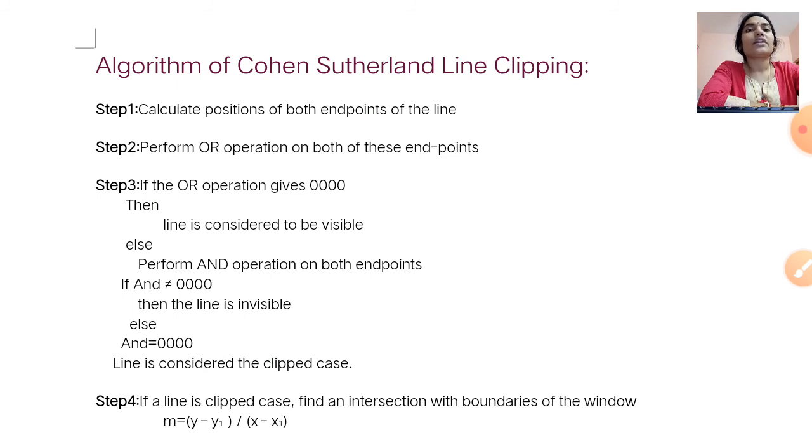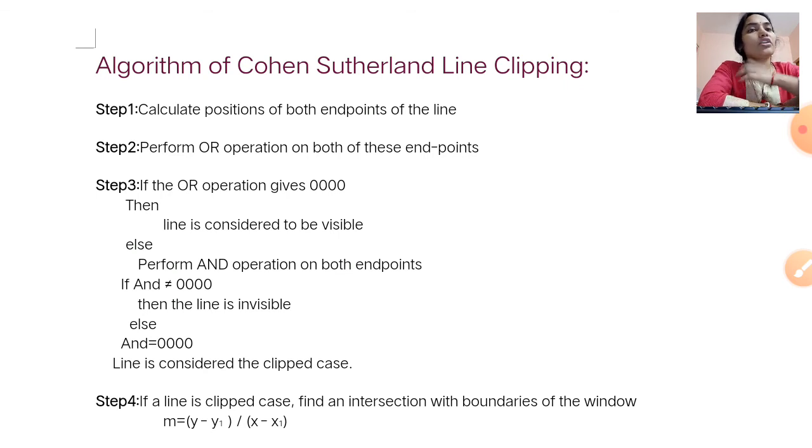In the else part, it will perform an AND operation on both endpoints. If the OR operation gives a 0 result, then the line lies inside the window, which means it is visible. If it does not give a 0 result, that means the 4 digits are not all 0, so it is not visible.